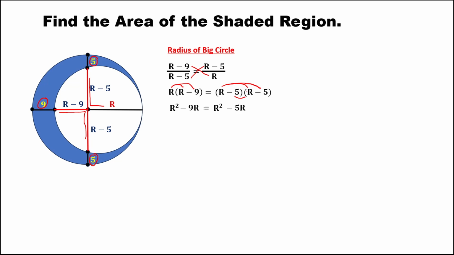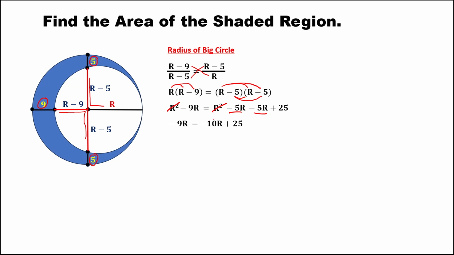This is also negative 5r, and negative 5 times negative 5 is positive 25. Then observe that we can cancel this r squared, so this becomes negative 9r equals negative 5r and negative 5r, which is negative 10r, then plus 25.